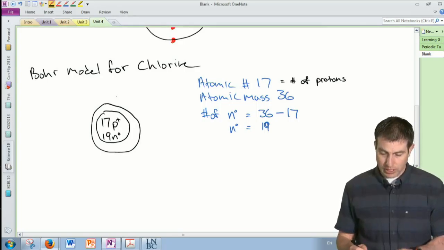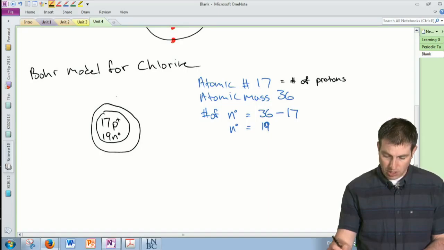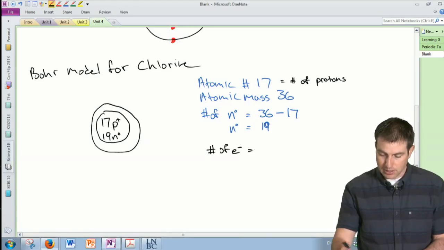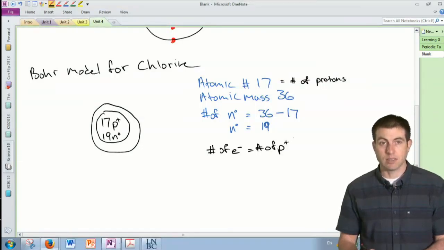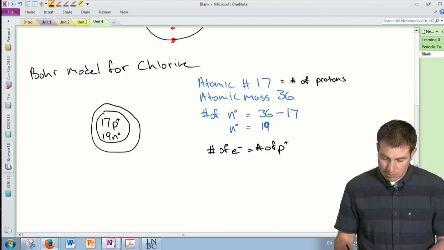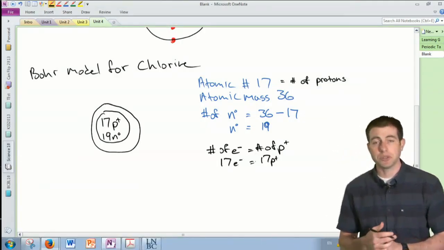And Avery, you are perfectly correct. So if we have an atomic number of 17, in an atom, the number of electrons, or E minus, is equal to the number of protons, or P plus. Perfect. You guys are all on this. I'm hoping this is a review for a lot of you. So if we have 17 protons, that means we have 17 electrons. They're the same in an atom, which is really good.